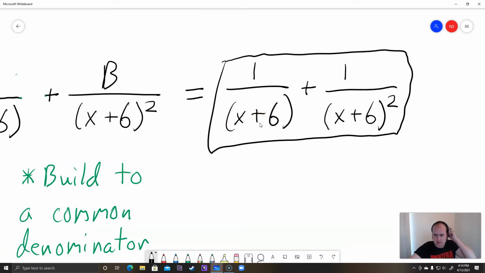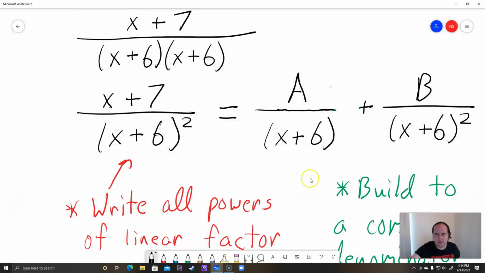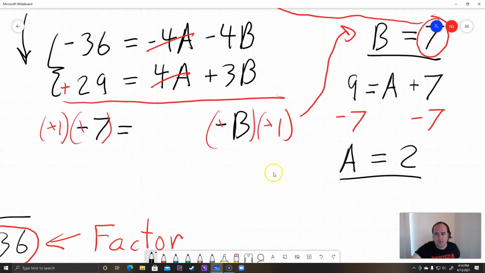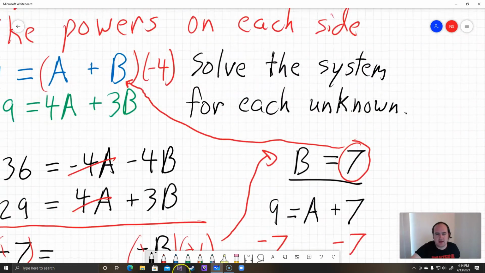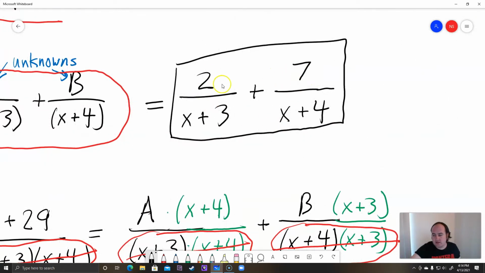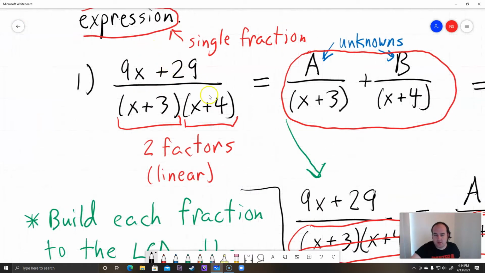Now, you might be wondering, well, how is this equal to that? How do we know it's equal to what we originally got? Well, you can check these if you want. I didn't bother to check the first one, but you can check them. And the way you check them is basically you take your answer here and you build them to a common denominator, and then you add on the top, and then you make sure you get the original fraction.